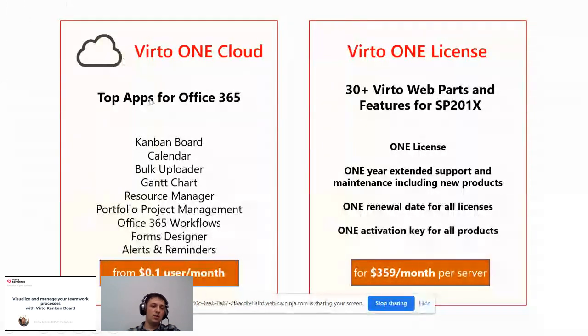It's also included in the Virto One Cloud package, which costs just from 10 cents per user per month. It depends on the size of your organization. More users, cheaper cost. And the Virto license includes all of our products for SharePoint on-premise, and it includes everything, premium support as well, and so on.